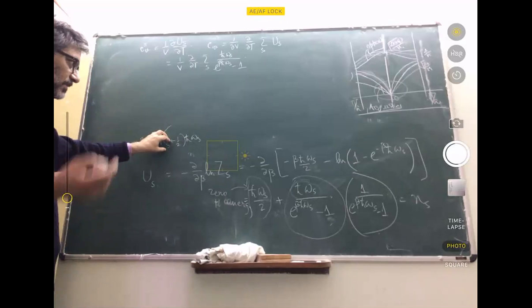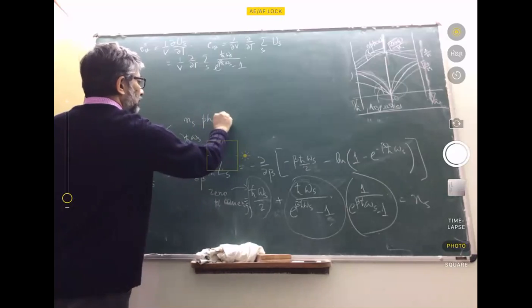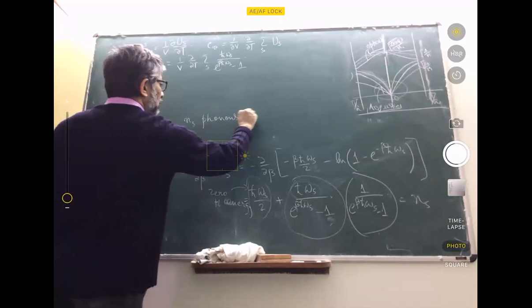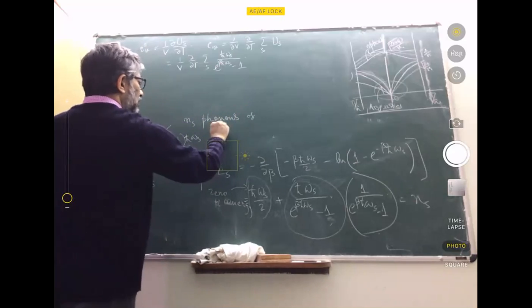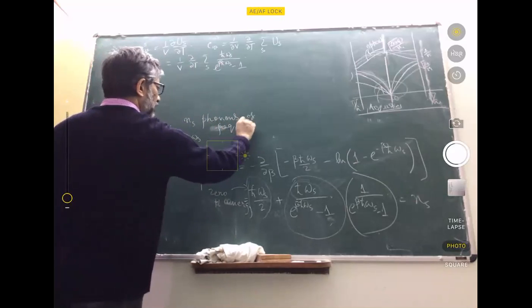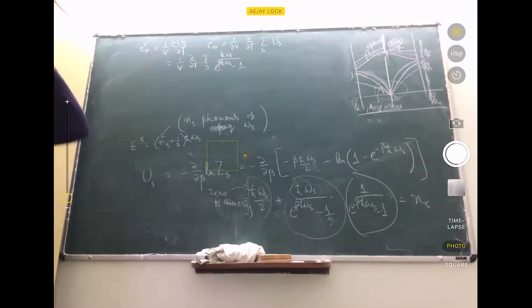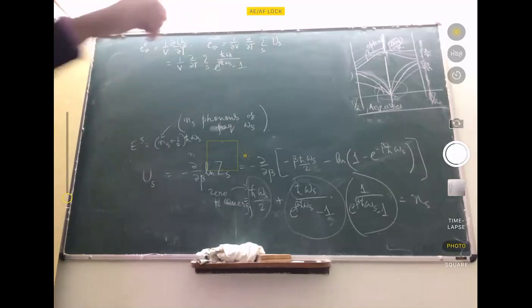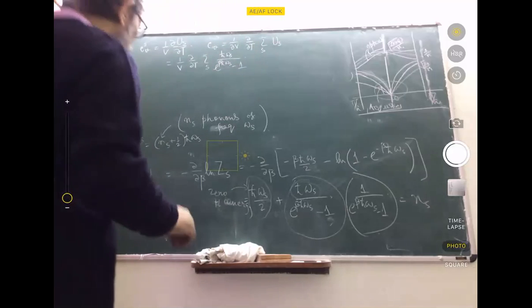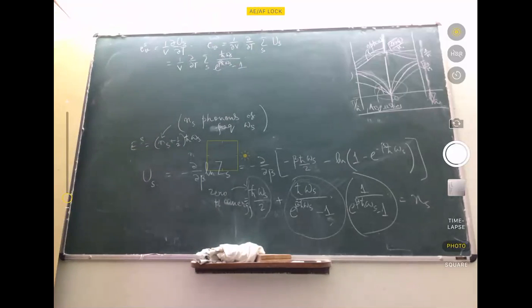Equivalently, we can say that there are ns phonons of, let's say, frequency omega s. I earlier used this word phonon a couple of times, but that was not quite appropriate. We bring in the idea of phonons only when you quantize lattice vibrations.